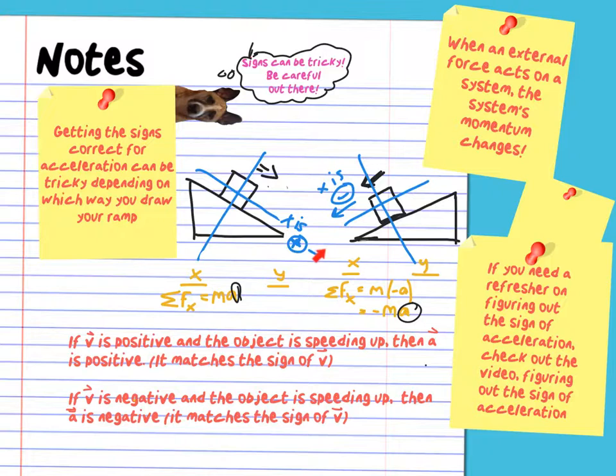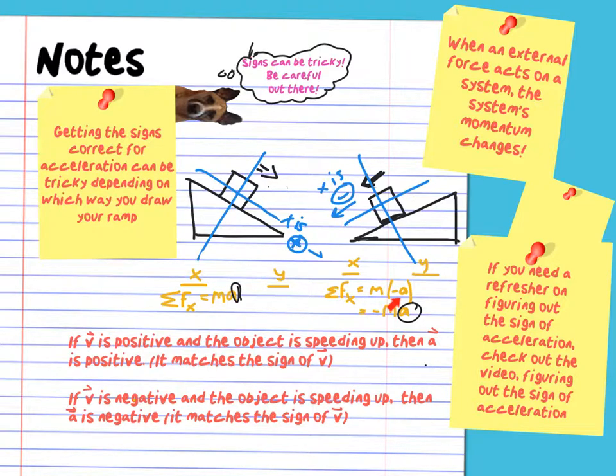Since it's speeding up, velocity has the same sign as the acceleration, so your acceleration is positive. Here, if you drew your ramp this way, your box is sliding down in the negative x direction, so your velocity would be negative, speeding up, which means your acceleration would be negative. So in this case, you need to put a negative acceleration value into there.